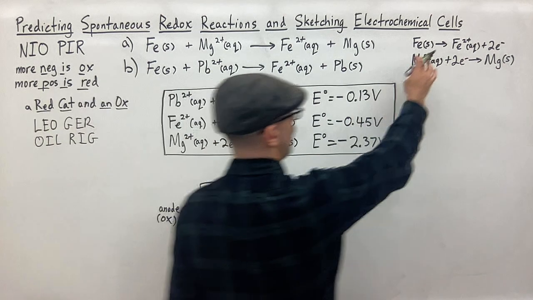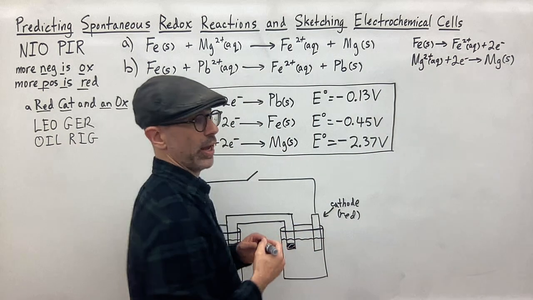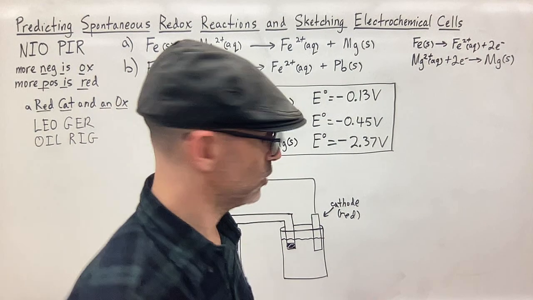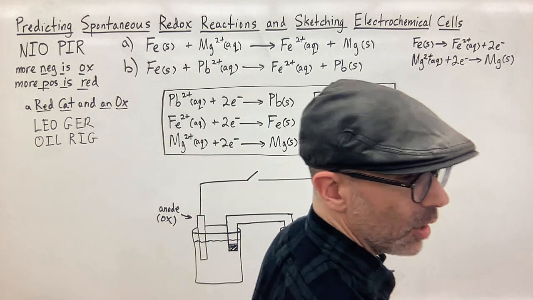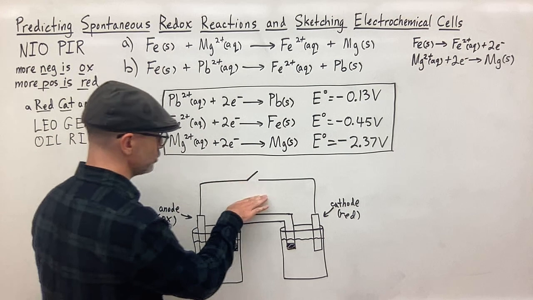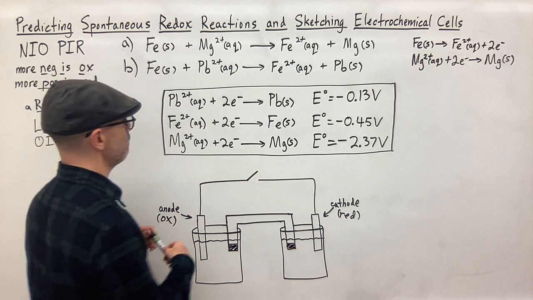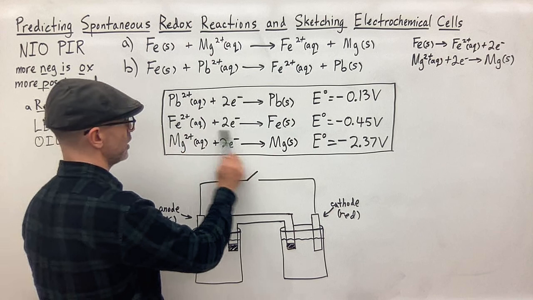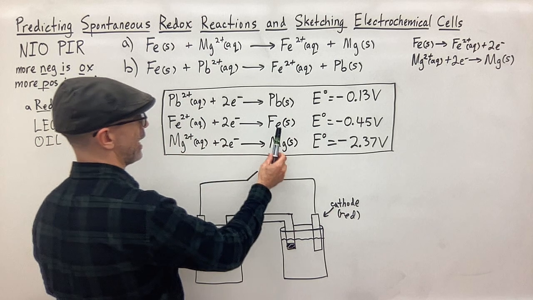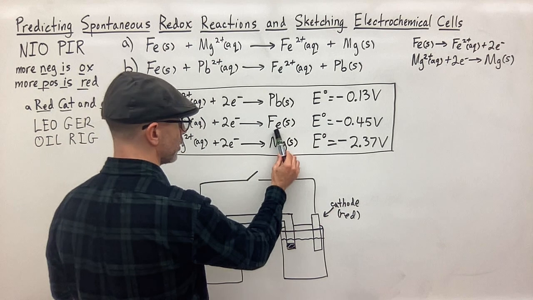So iron here is going to give away its electrons. What we would expect if we close this is that the Fe2+ in solution would be reduced and form iron.